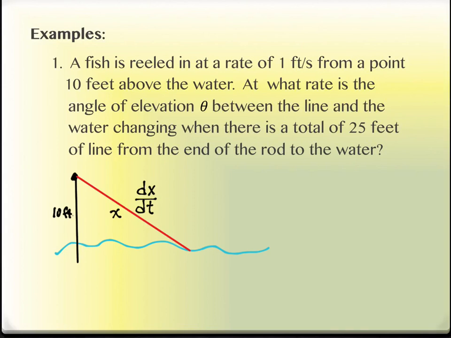Remember, the d's mean change. It's the change in x over time. Does that make sense? That's also a derivative notation that we're familiar with. We don't use that one quite as frequently. We like to use x prime maybe, or y prime, right? But this is a derivative notation. And this is changing at a rate of 1 foot per second, but it's decreasing, which means it's negative 1 foot per second.